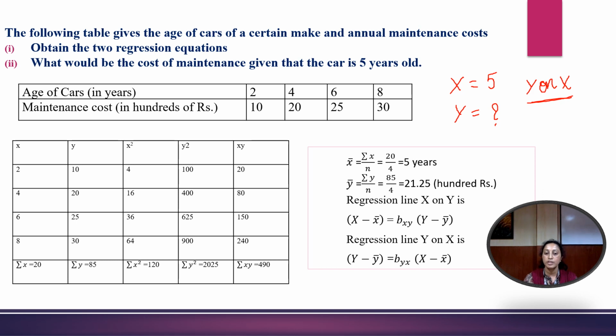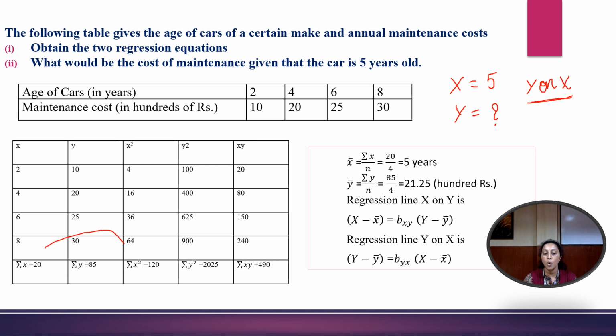But first, we shall see both the regression line equations, X on Y and Y on X. In order to find that, let us calculate the X square value, the Y square value, and also X into Y, which will give XY. So X square: 2 square is 4, 4 square is 16, 6 square is 36, and 8 square is 64.